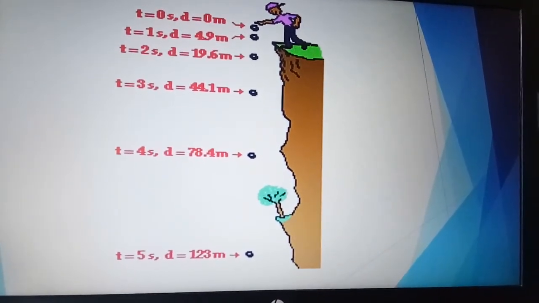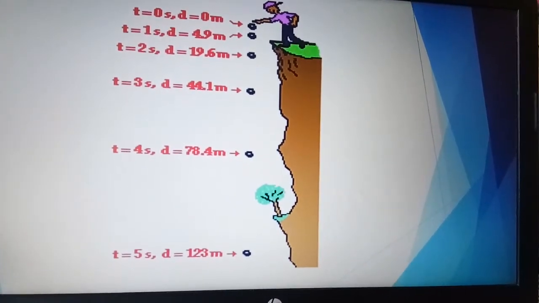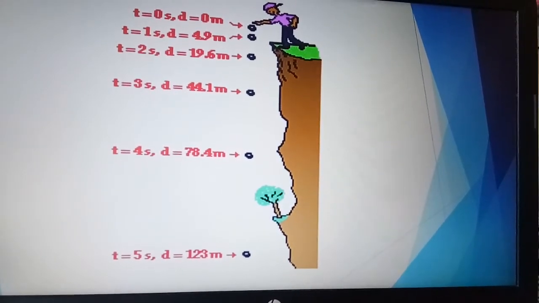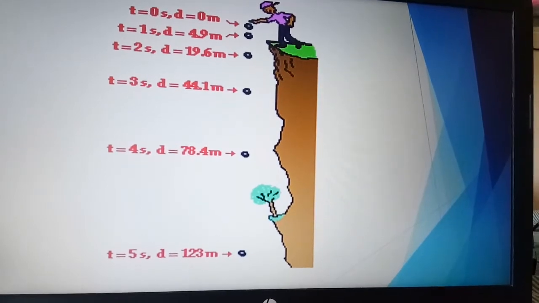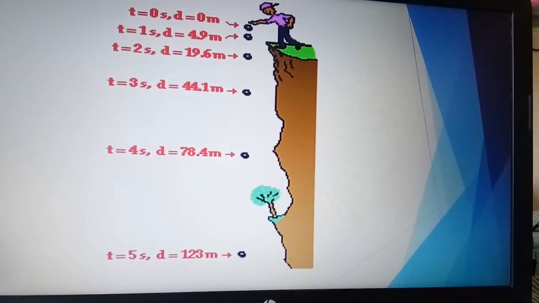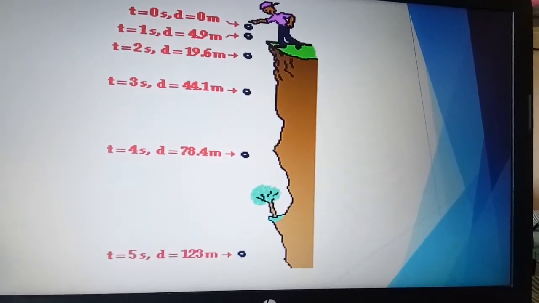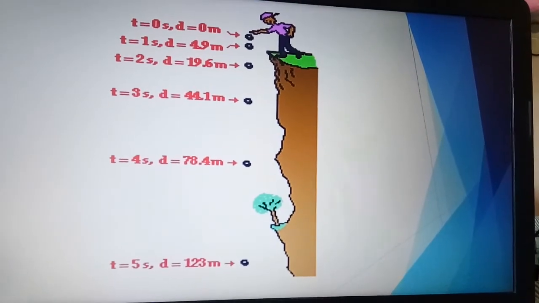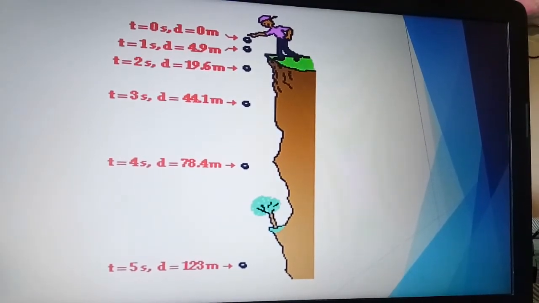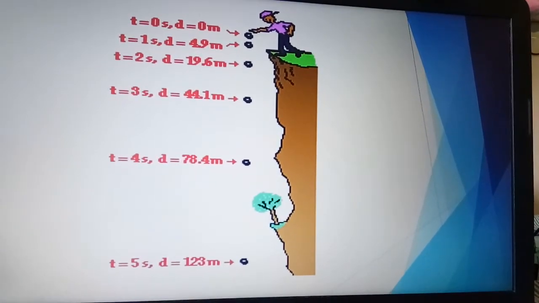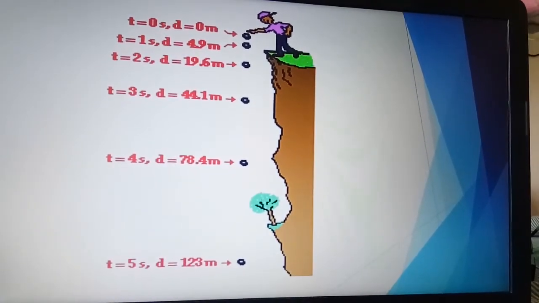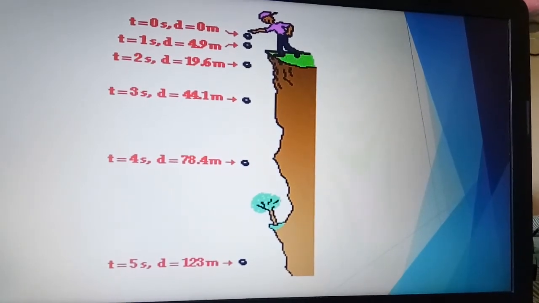When t equal to 2, it becomes half gt square, half into 9.8 into 2 square, so it becomes 4.9 into 4, that is 19.6. At t equal to 3, in the same manner, d equals 44.1 meter. At t equal to 4, 78.4. At t equal to 5, d equals 123.